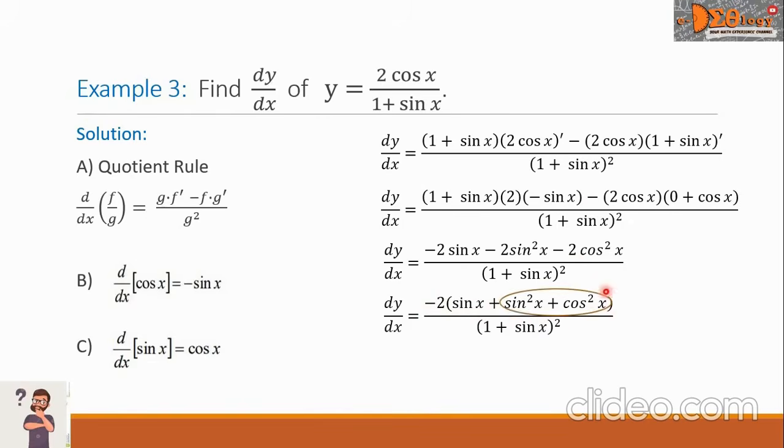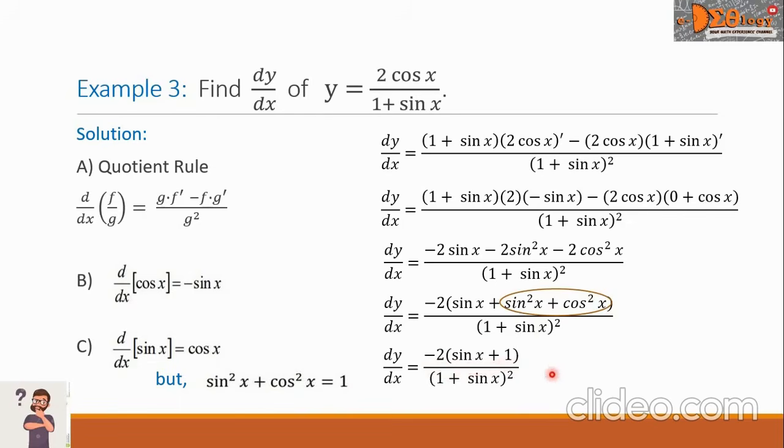Take note that the sum of sine square x plus cosine square x is an identity, and that is equal to 1. So we can change these two into a simple value, which is 1. So we have now negative 2 times the quantity sine x plus 1.